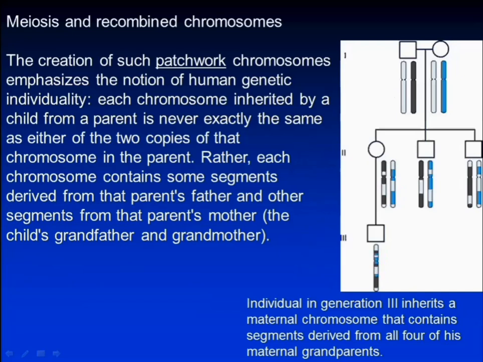Therefore, each chromosome a child inherits from a parent is never exactly the same as either of the 2 copies of that chromosome in the parent. Rather, each chromosome contains some segments derived from that parent's father and other segments from that parent's mother.